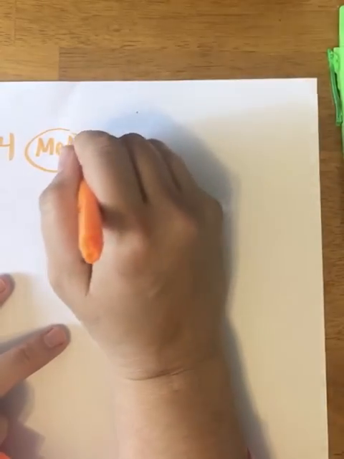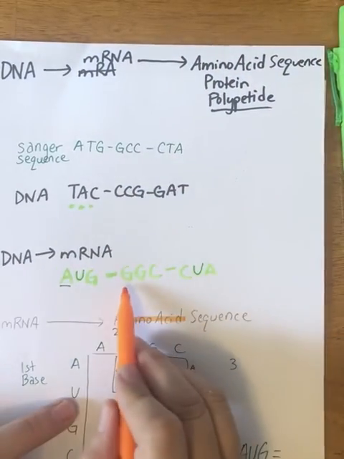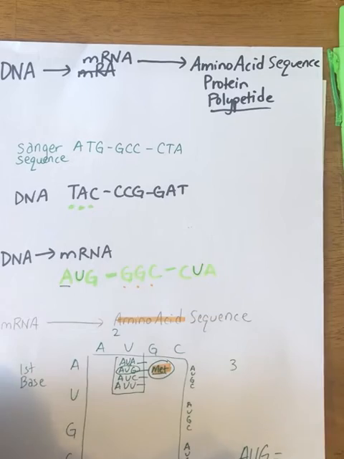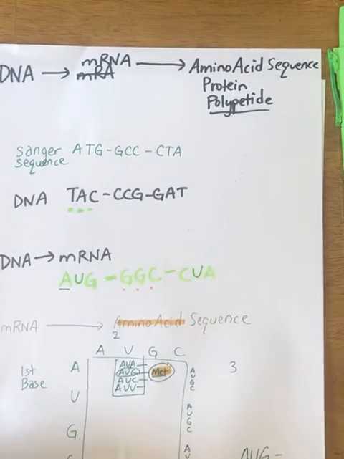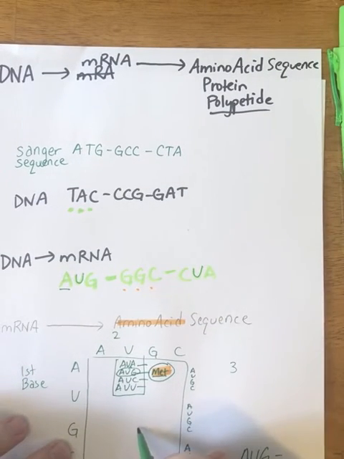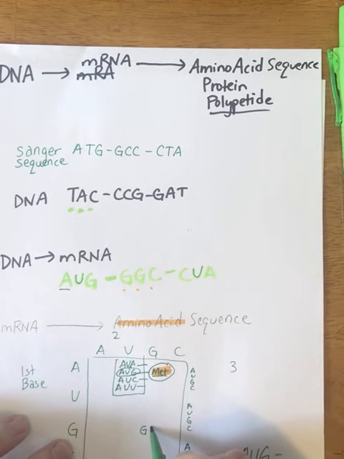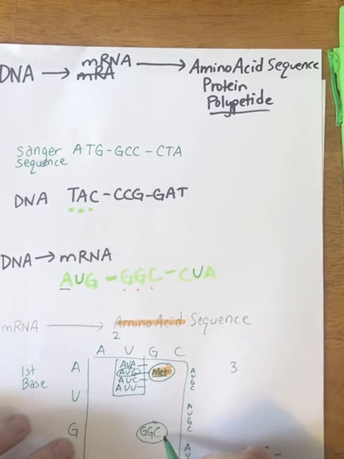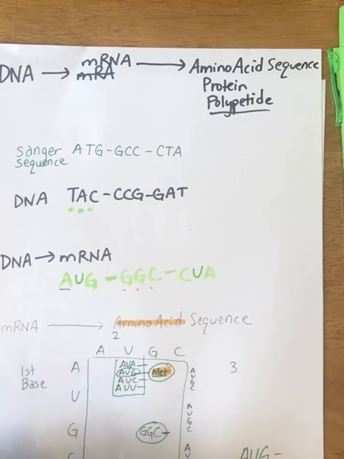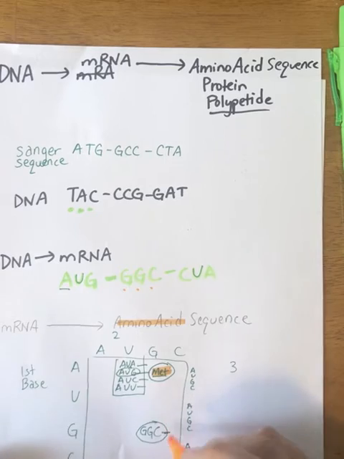This is now a peptide bond. So you would go to your next codon, GGC. You use your first base here, G, going across, second base, G, G, and then it would be C. So here's your codon, and out to the side, it's also going to have an amino acid.